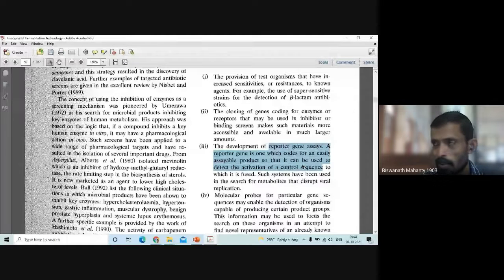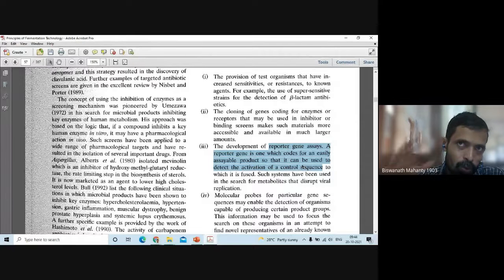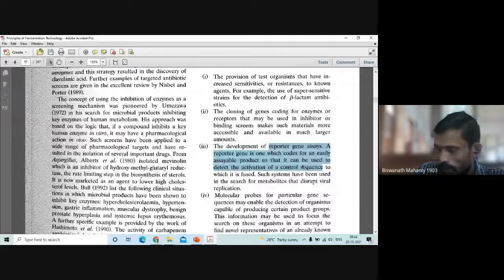Lac operons are a cluster of genes which can actually be utilized by a microorganism to feed on lactose. So if lactose is in the media, some of the genes will be expressed. They will produce some proteins for utilizing the lactose.